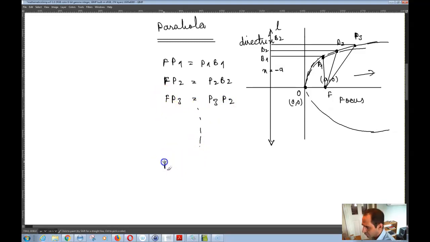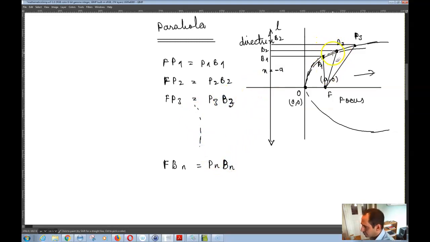So then you can say that F Pn is equal to Pn Bn.